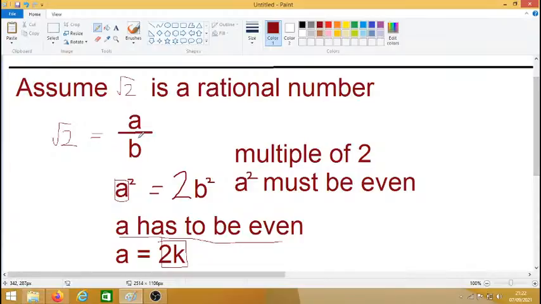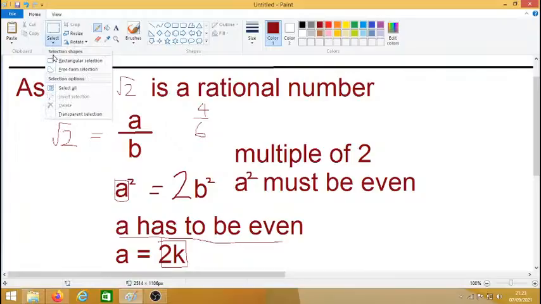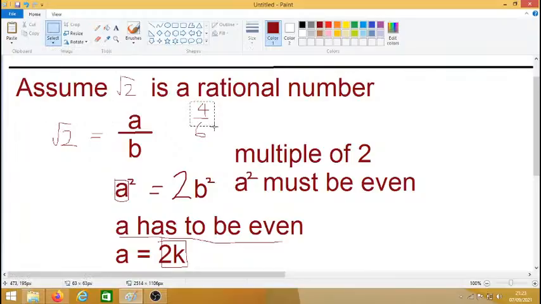But if a and b really were even, then I could simplify that fraction. If you have a fraction where both numbers are even, then you can divide both by 2 and you'd get two new numbers that were simpler than the ones you had before.